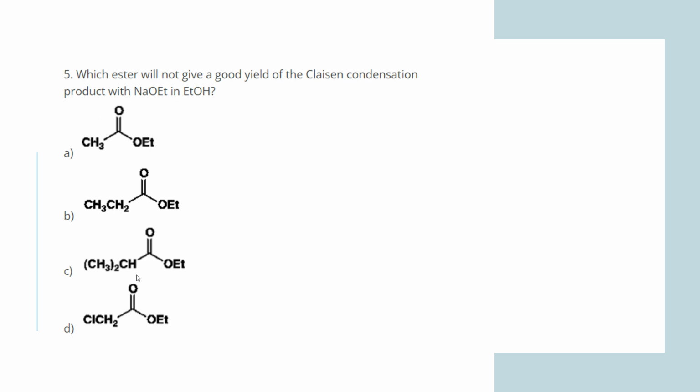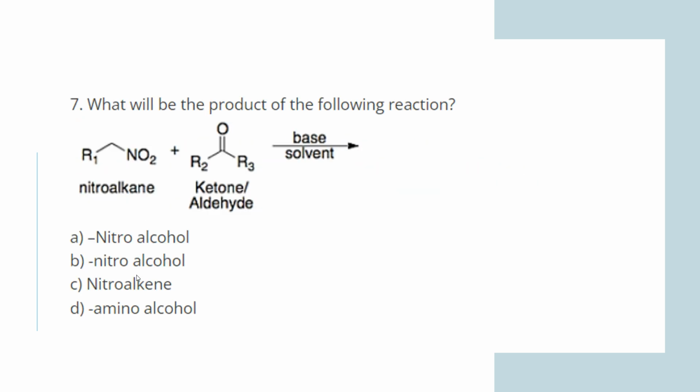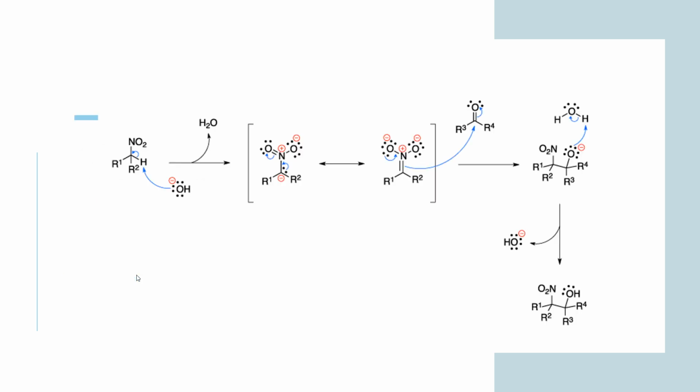In the next question, we looked at the mechanism of the Henry reaction, which is basically an addition reaction between a nitroalkane and a ketone or aldehyde, which gives you nitroalcohols as the final product.